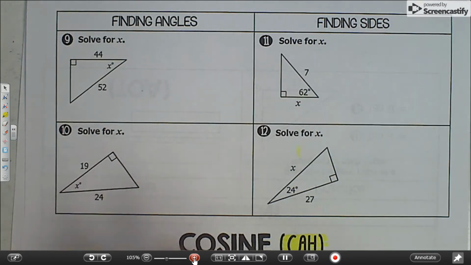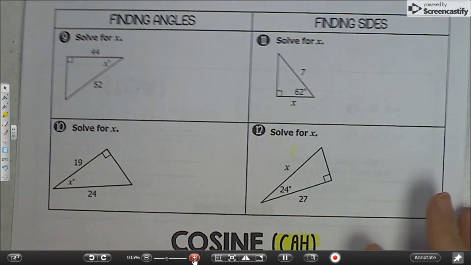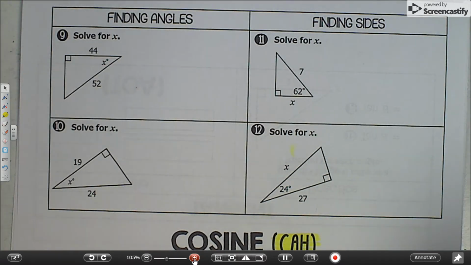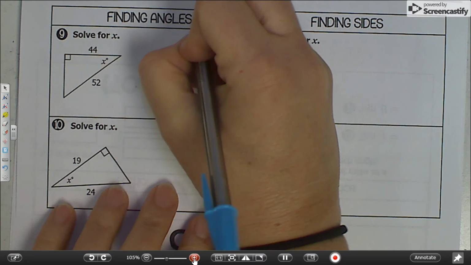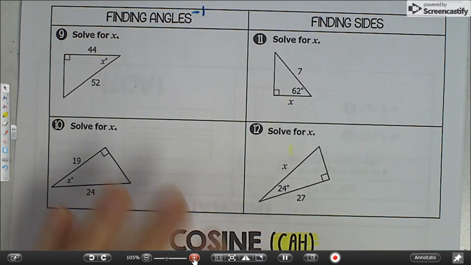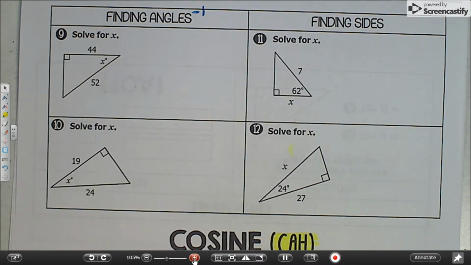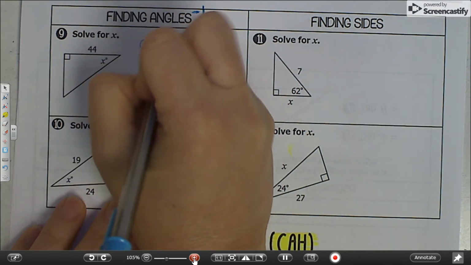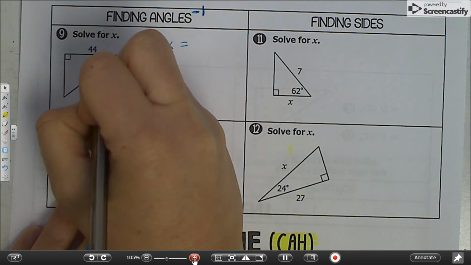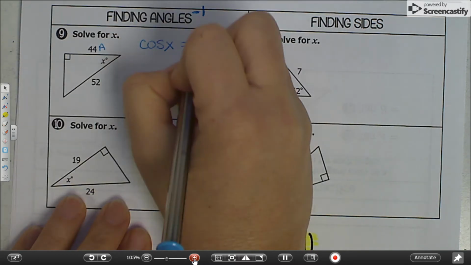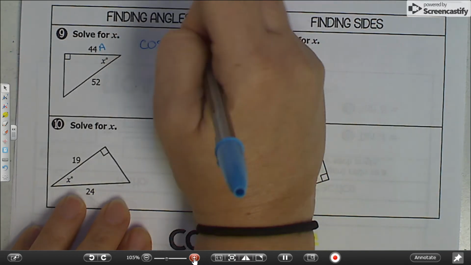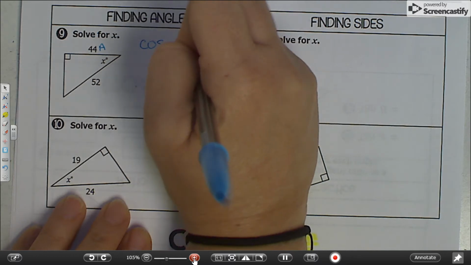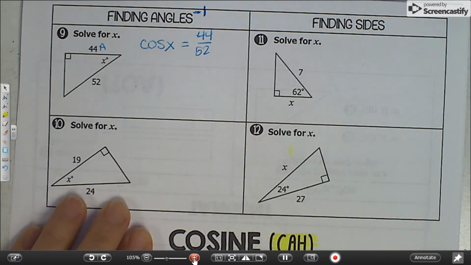All right, so we're going to go through the same process we did for sine, but finding angles and finding sides. Hopefully, when you find angles, you remember that we're going to use the inverse function. That's going to spit out the angle for us. So cosine x equals adjacent, which is right next to it, over the hypotenuse across from the right angle.